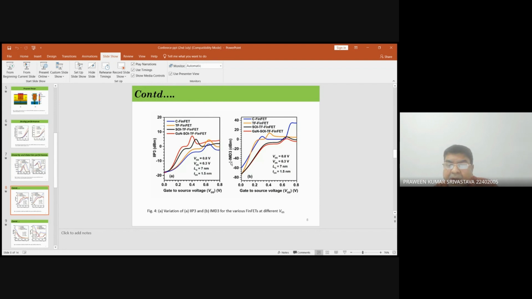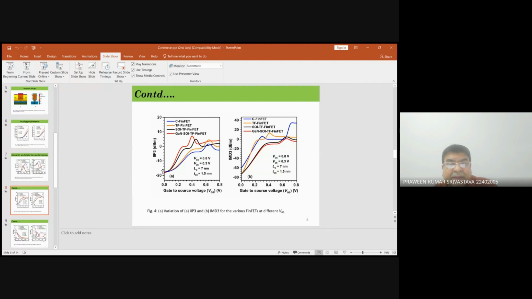Even the third-order distortion value should be minimum as compared to the other devices. If we compare the IMD3, it is very low as compared to all other devices.